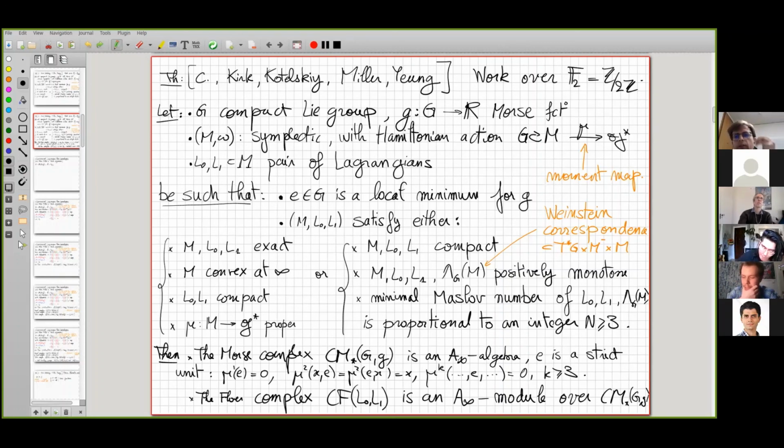Sorry, can you repeat what the question was? Yeah, it's somehow what aspects of the topology of this manifold with a group action does this A infinity module capture? To what extent does it determine the homotopy type and so forth? And do you expect the Hopf infinity thing to be much stronger? Oh yeah, I have no idea. I don't know.